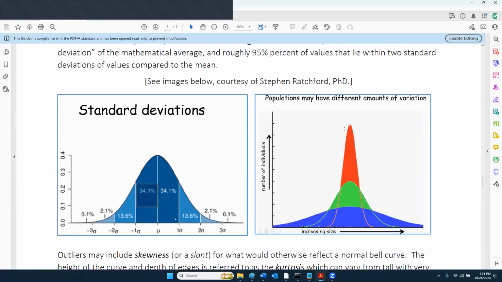It would be something like 42% more, 42% of the data values are greater than the mean, and 42% is less than the mean.